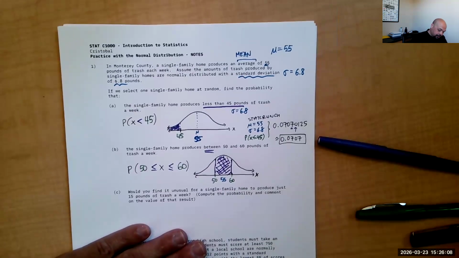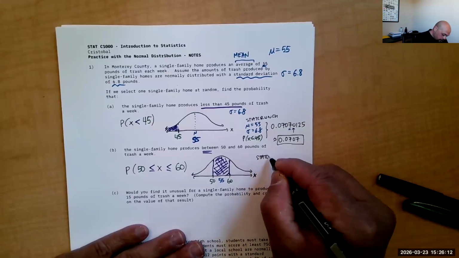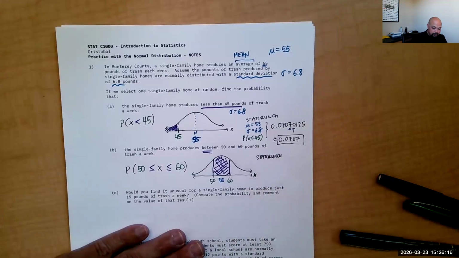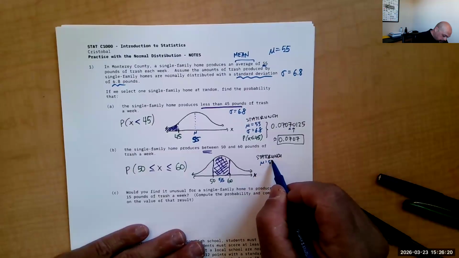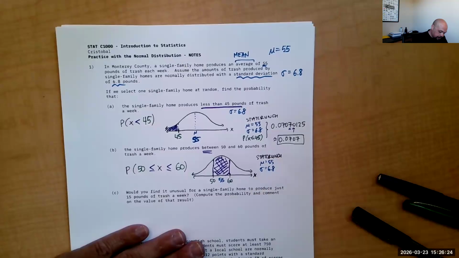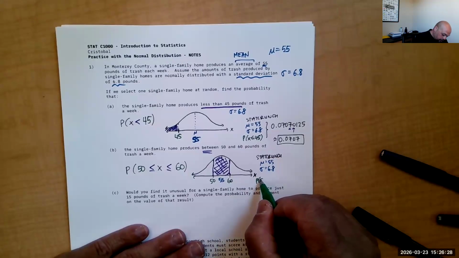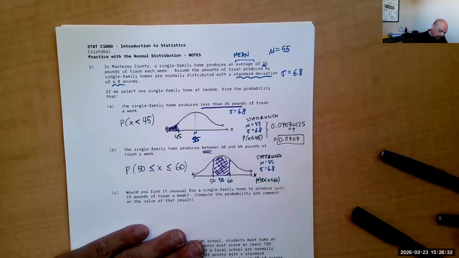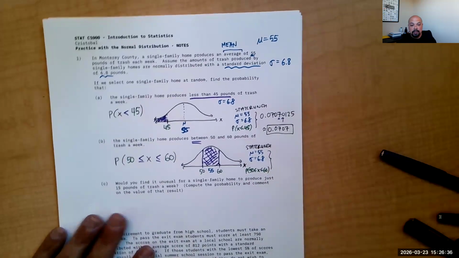And so on StatCrunch, now we're between, okay? The mean is still 55, standard deviation 6.8. But now our probability, we're going to see that we're dealing with our x between 50 and 60. Okay? And so then let's jump over to that StatCrunch screen.